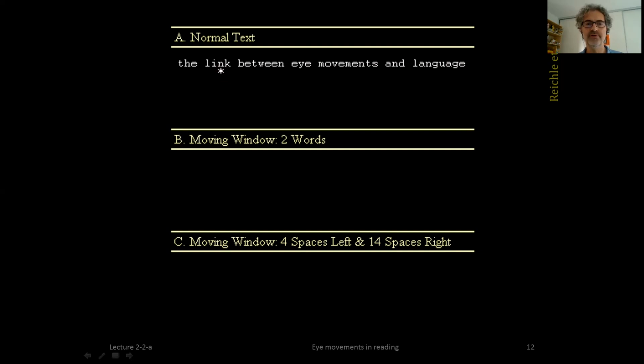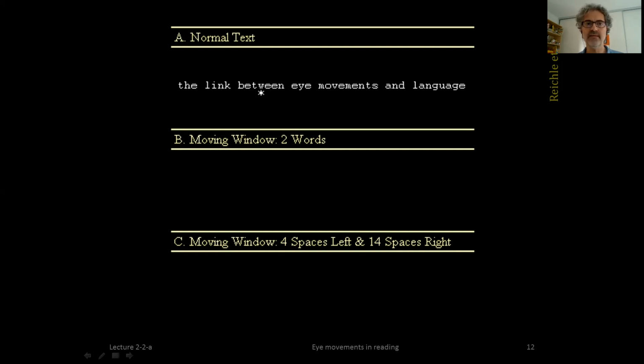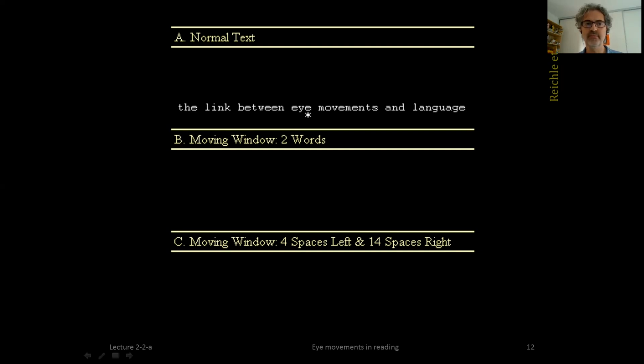And then the person presumably processes the word link and moves over to the next one. So at the next instant, the gaze is fixated here in the middle of the word between. And then after some time, the eyes will move on to the next one and will go to the word I, and so on. So this is normal reading of normal text.